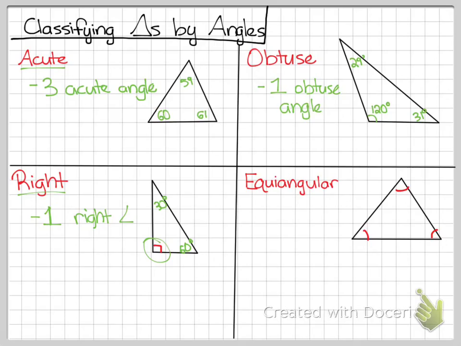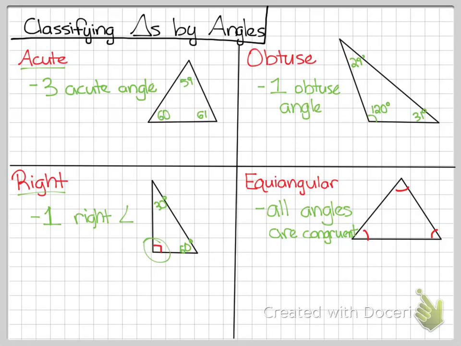And then the last one we have is equiangular. An equiangular triangle is a triangle where all angles are congruent. They're all the same. That is an equiangular triangle. And I want to go a step further with this one.